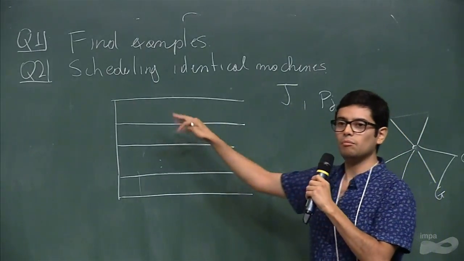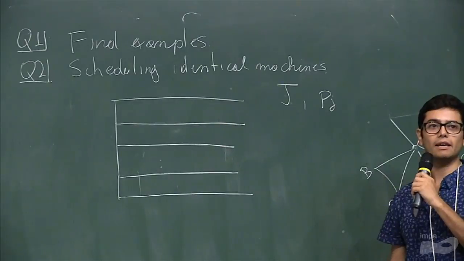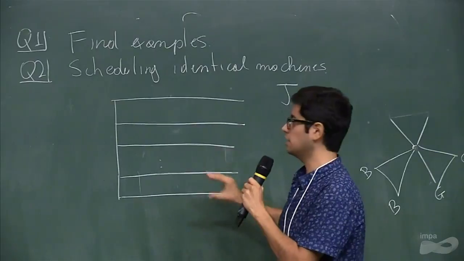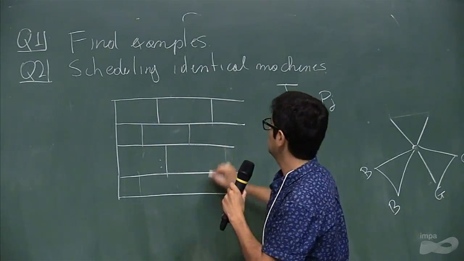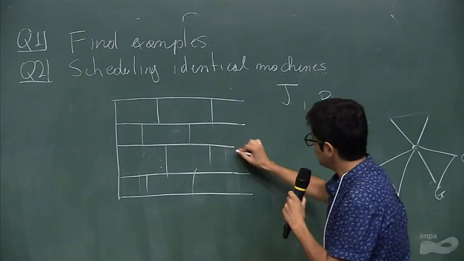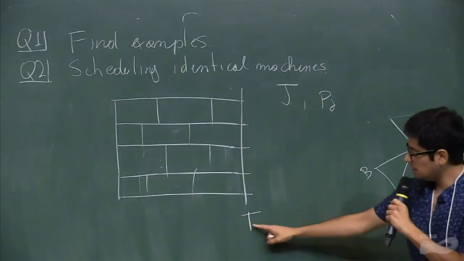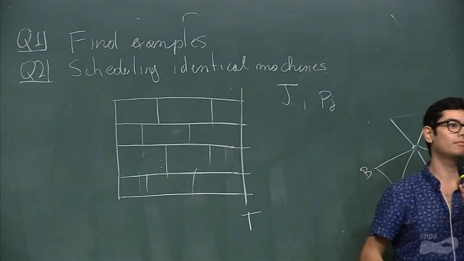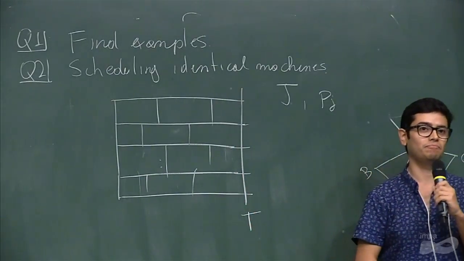And I want to pack them all into the bags. Imagine rectangles of this size with height 1, and I want to pack them here. There is a number here, let's call it T. T is a good number if I can pack everything within T.